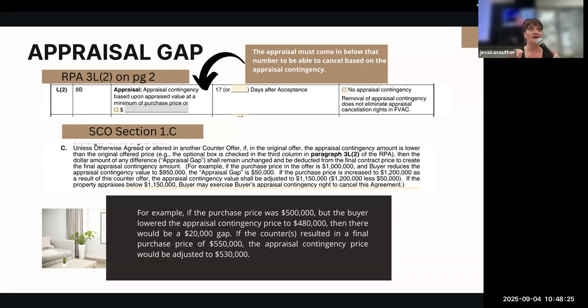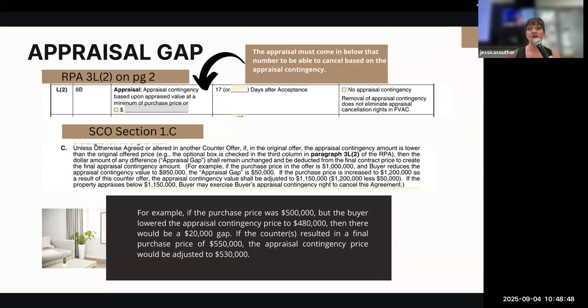So whatever that gap is, that's it. In our market, it's gonna be 5,000 or 10,000. That takes care of not to exceed the purchase price. Yes. You're using $10,000 over appraised value.